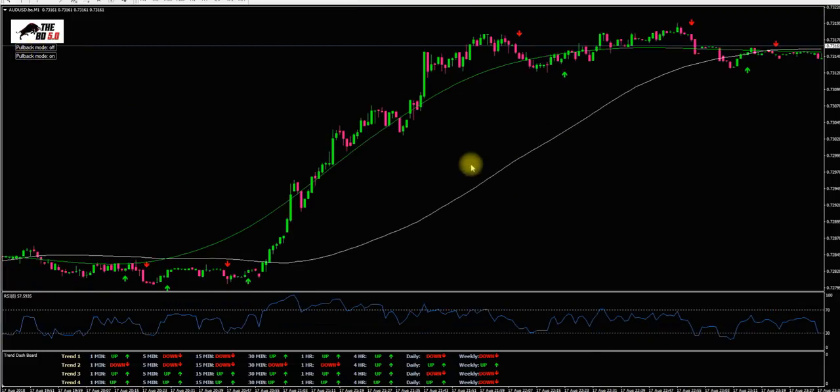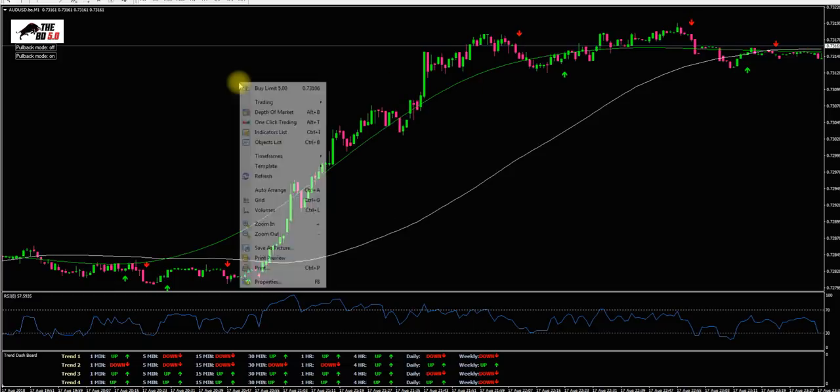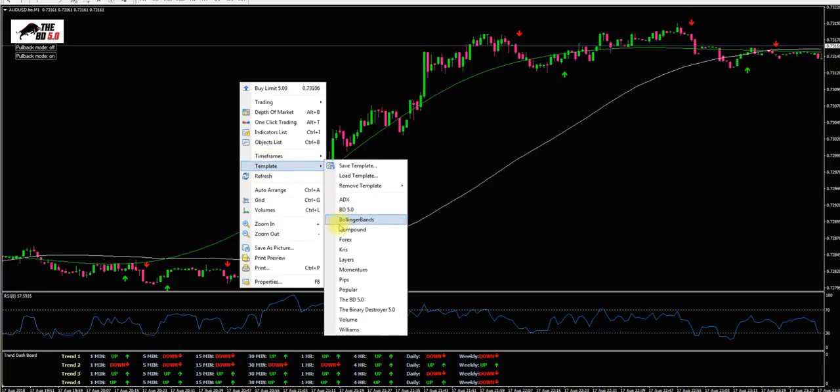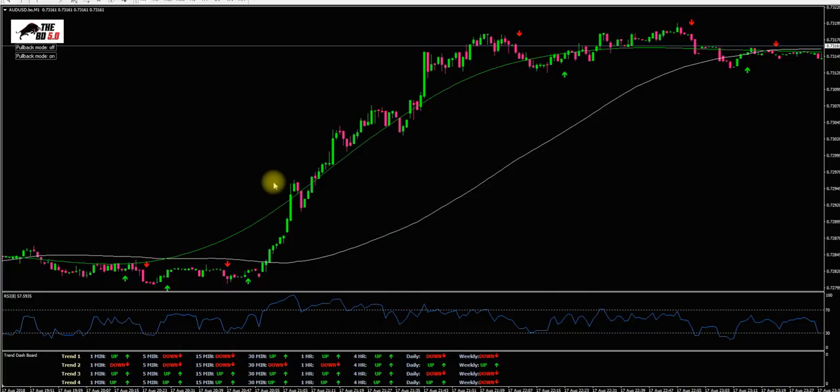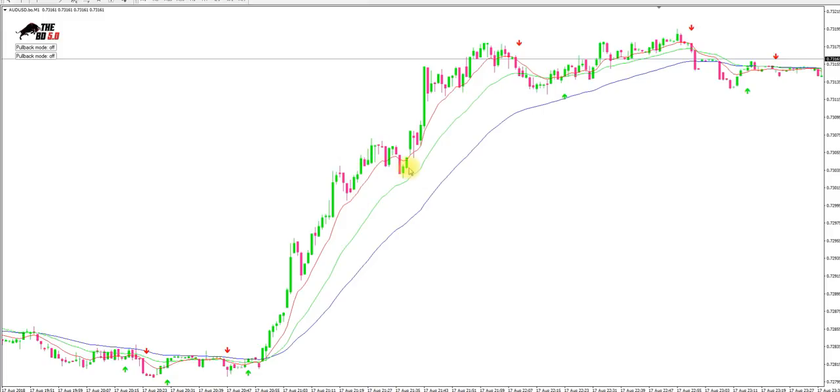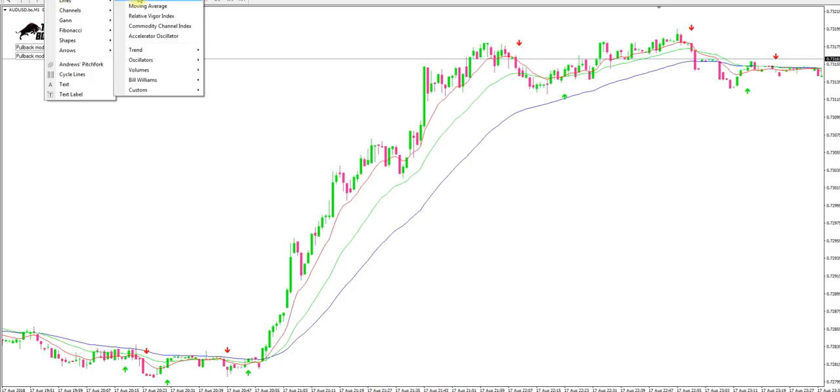When we're using the BD and the bend strategy or pullback strategy, we haven't got a setup here. But when you load up the price action, we can see we would have a nice setup here. Now, what I would include is a stochastics.